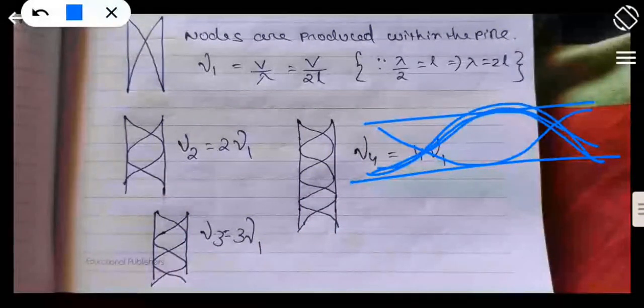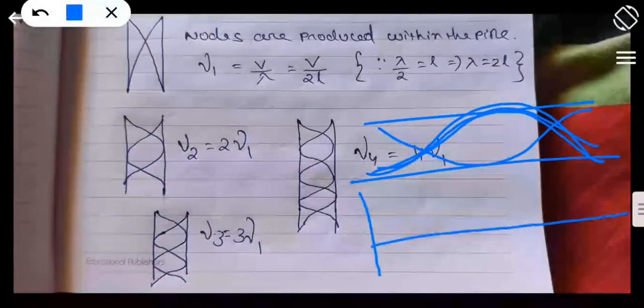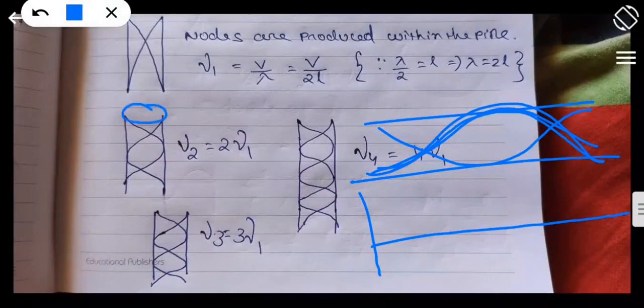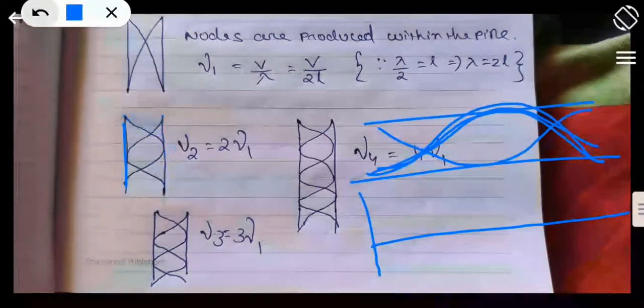Let me draw the diagram here for the wave. Here it is starting from the antinode. In the open end, an antinode will be there. And in the closed end, as it is closed, there is a boundary, so obviously it is going to touch. If there is a touch, then there is a process that it is going to produce an antinode. How many antinodes are there, you can check here.